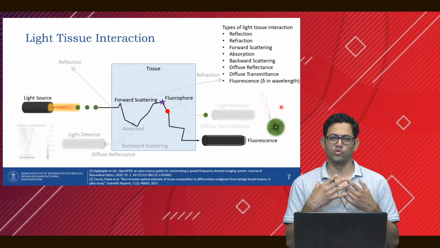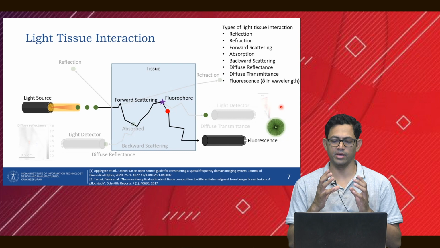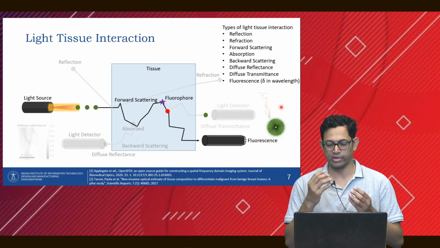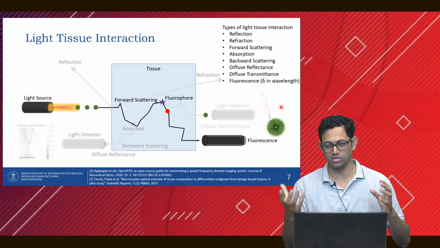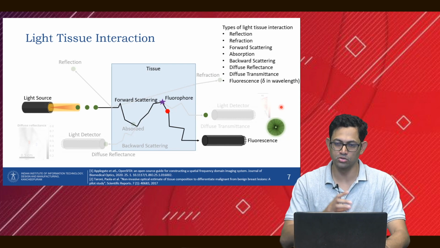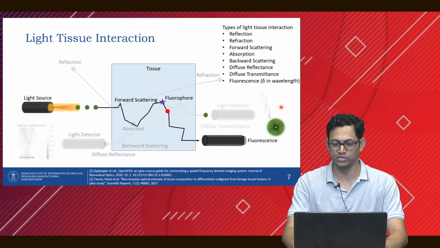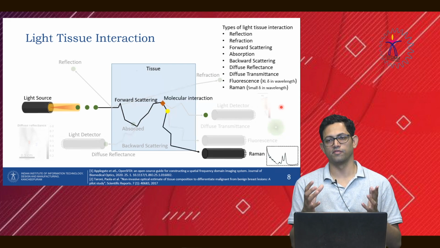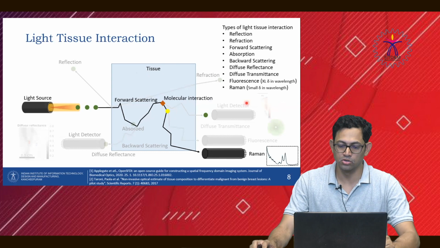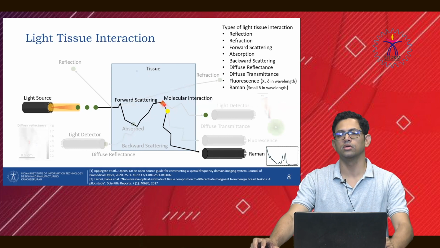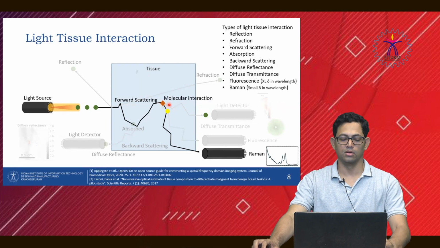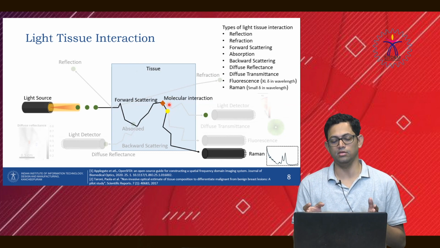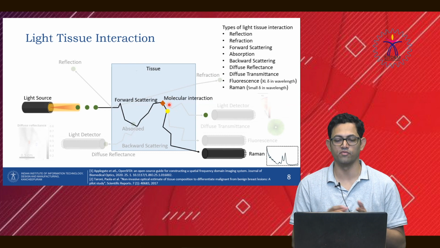Similar to the fluorophore, which is more or less endogenous chemicals, or it could be exogenous chemicals, there is one more technique which targets the molecular interaction of the light, right. There are many molecular interactions. For example, you have vibrational spectroscopy, you have infrared spectroscopy.